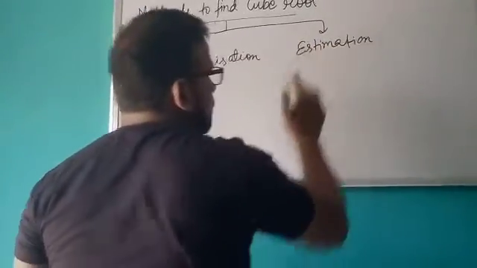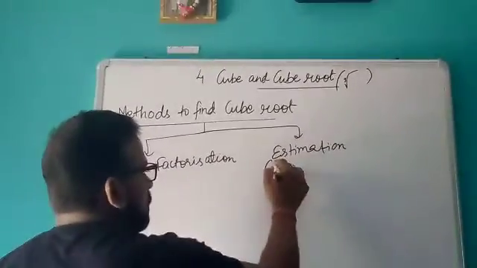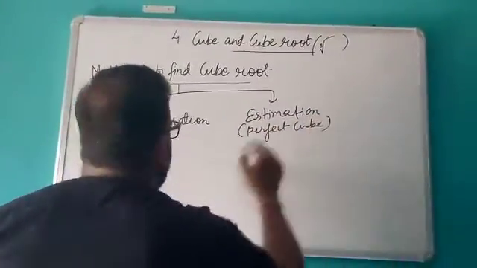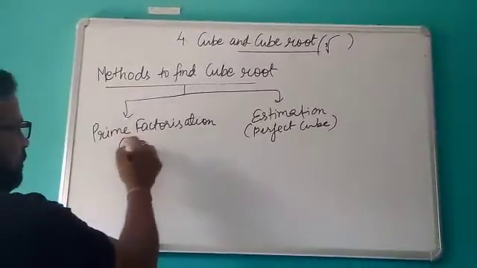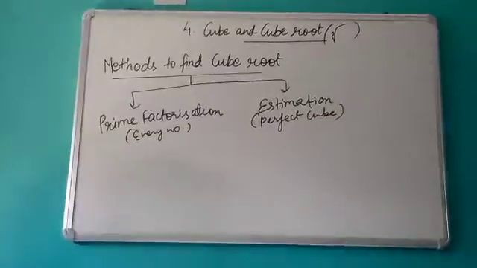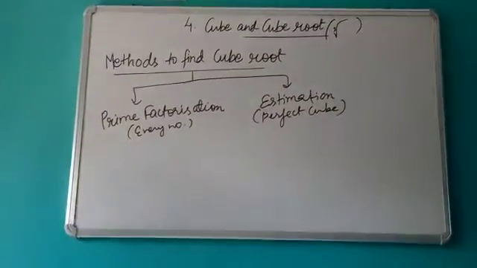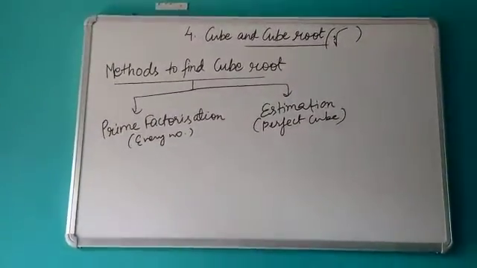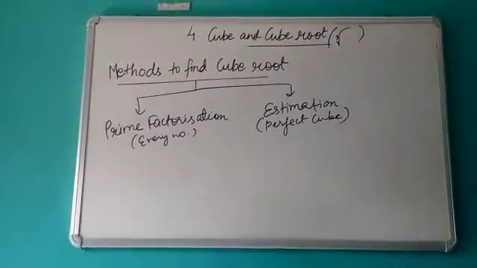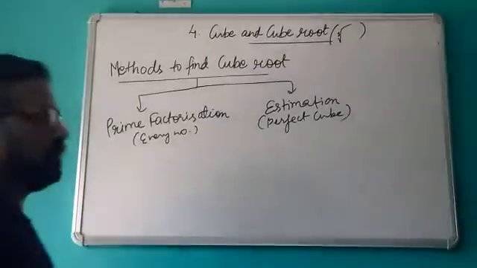It has certain limitations, it is only valid for perfect cubes. So these are the two methods that we will use to calculate the cube root of a certain number.